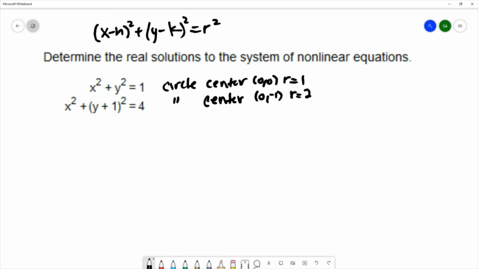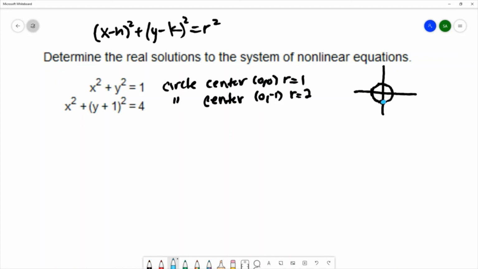So I can do a really quick sketch of this to see how many solutions I'm going to get out of this. So a circle centered at 0, 0 with radius 1 would be just a small little circle like this. And if the circle is centered at 0, negative 1 with a radius of 2, I'm going to draw it in a different color.